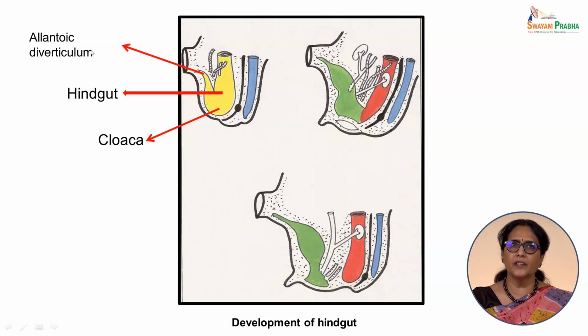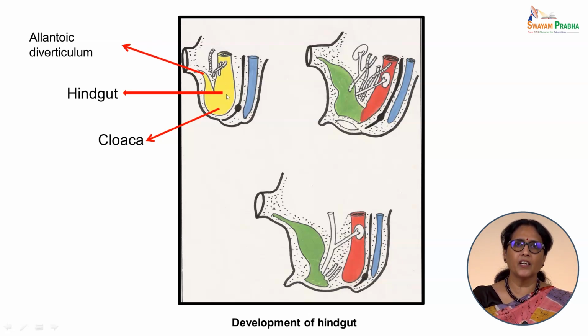Allantoic diverticulum develops from the roof of the yolk sac from the caudal end of the germ disc and extends into the connecting stalk, which later forms umbilical cord. So this is the allantoic diverticulum, which gets absorbed into the gut tube when the tail fold of embryo is developed. So the hindgut is the part of the gut tube distal to the connection with the yolk sac.